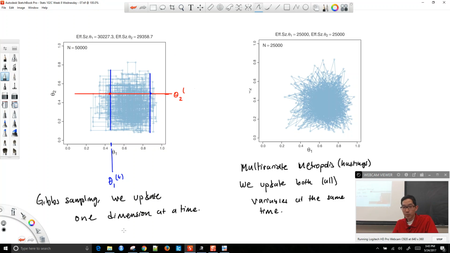So both methods generate values from the target distribution.